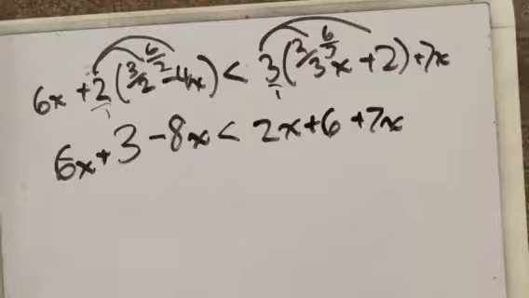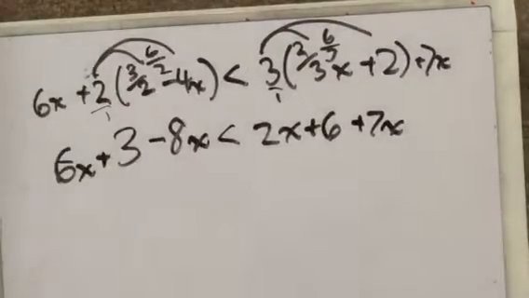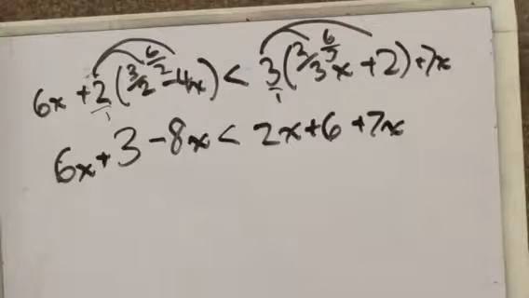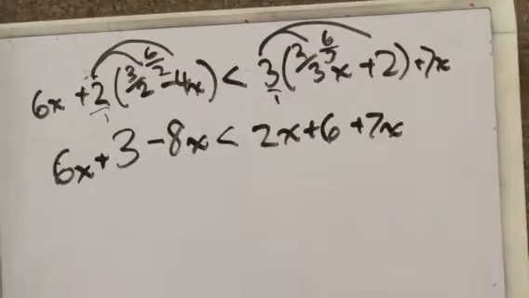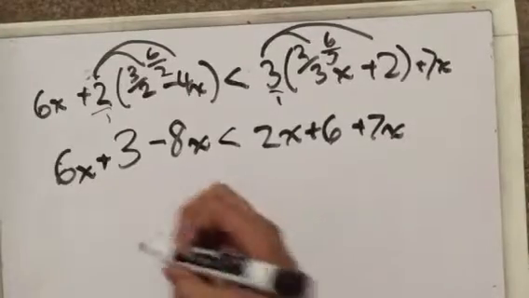Okay, so now we're going to combine like terms. Basically, whenever it's a constant or has the same variable, you can combine the coefficients or the constants. For example, 6x. These two have the same variable, and we can combine them on this side.